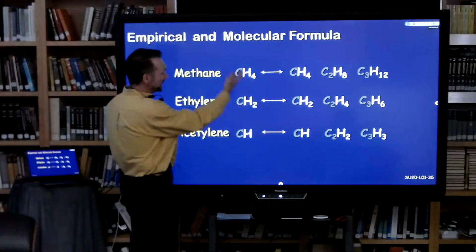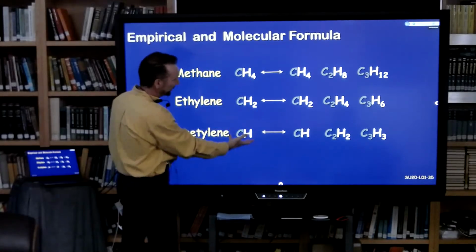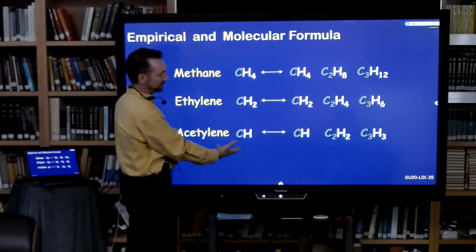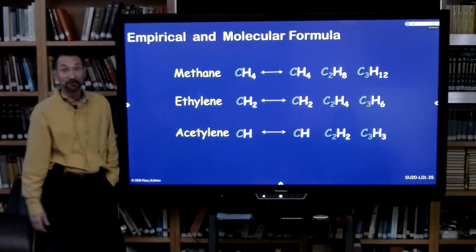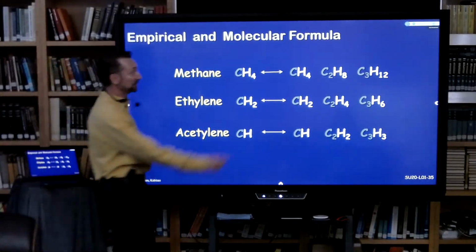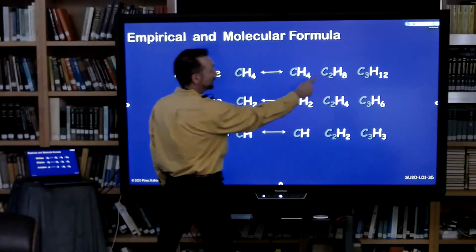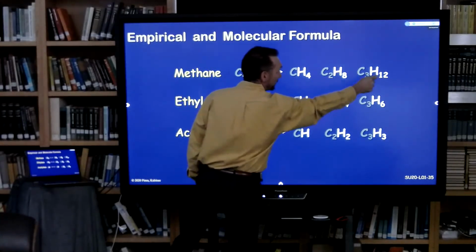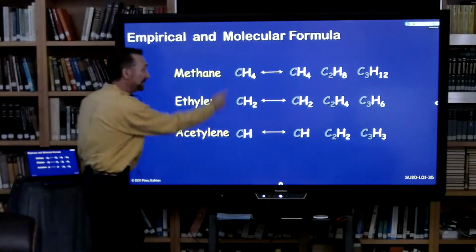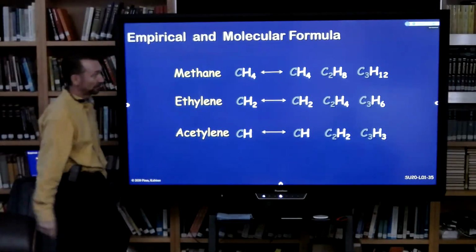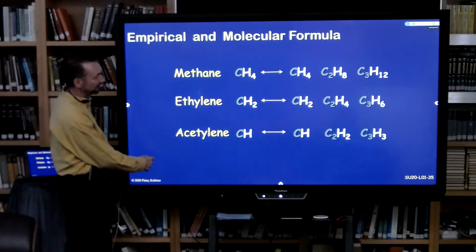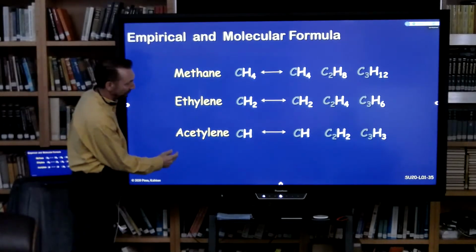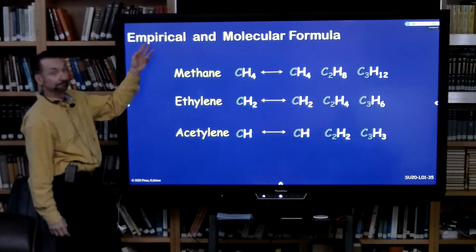So we call this the simplest ratio of particles, the simplest formula you could write. You can divide that one by 2, and you get 1 to 4, and divide that one by 3, and you get 1 to 4. The simplest ratio, the lowest common ratio of the particles, the atoms in a molecule, is called the empirical formula.